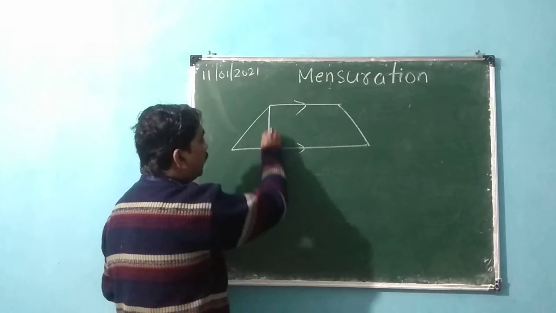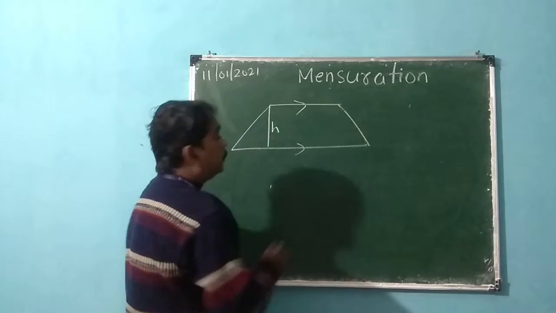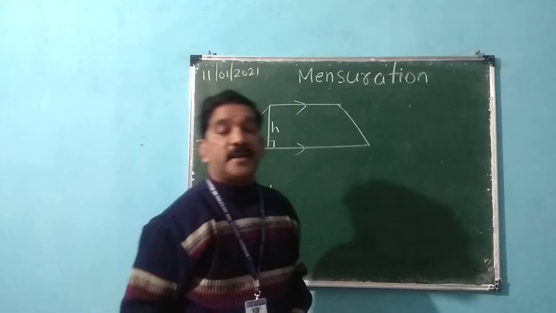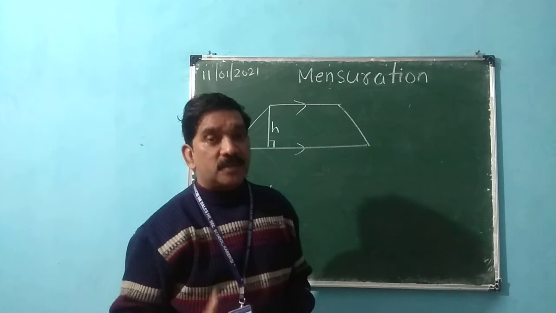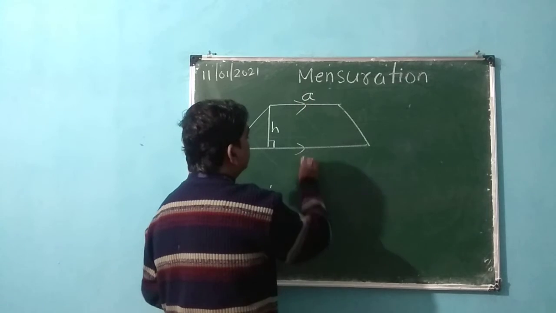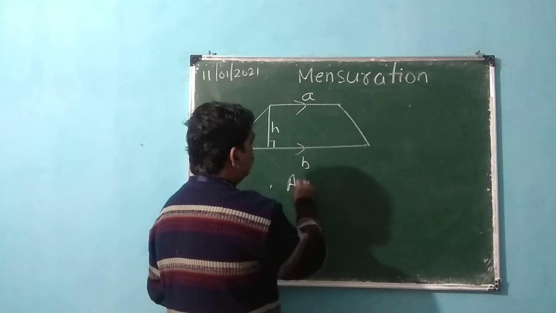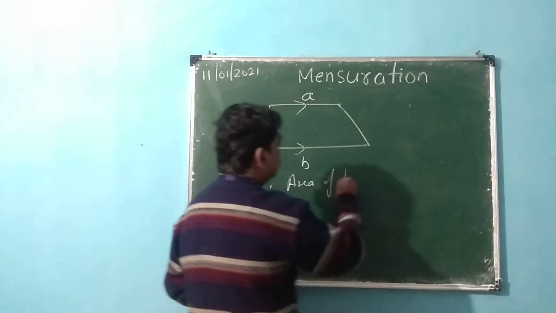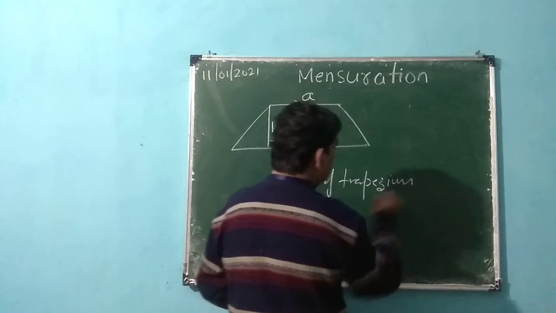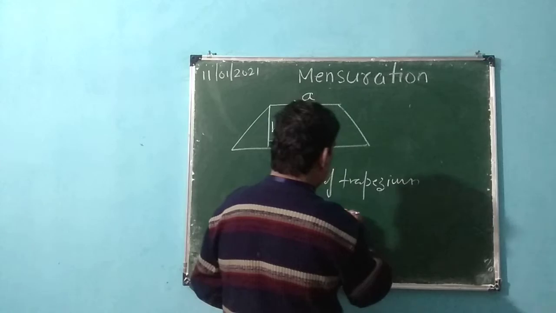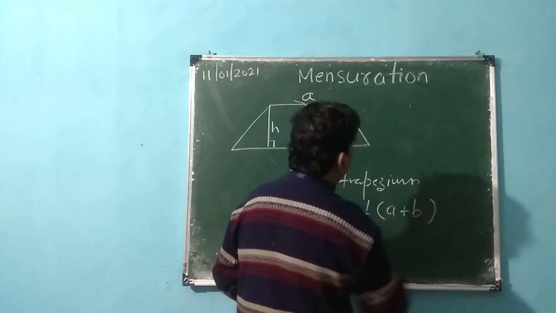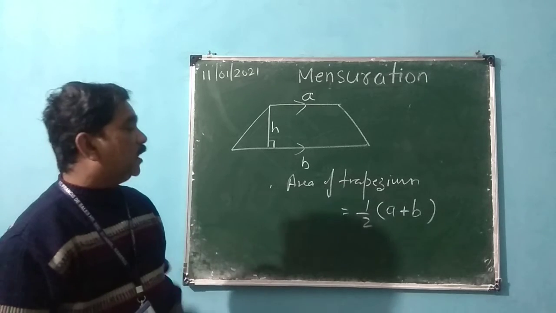And this is called height, or you can say perpendicular distance between two parallel lines. Suppose this is A, this is B. So what is area of trapezium? Area of trapezium is half in the bracket A plus B.